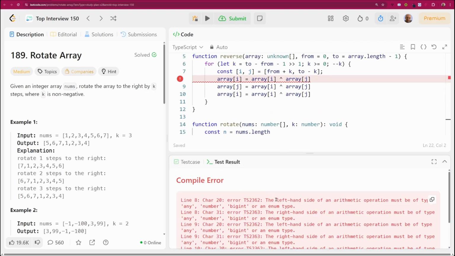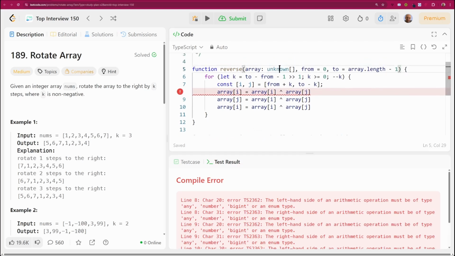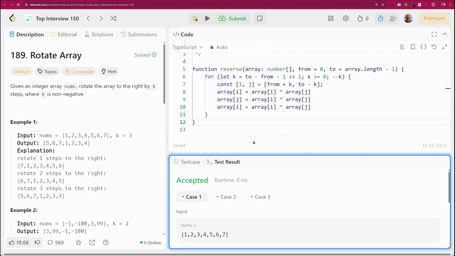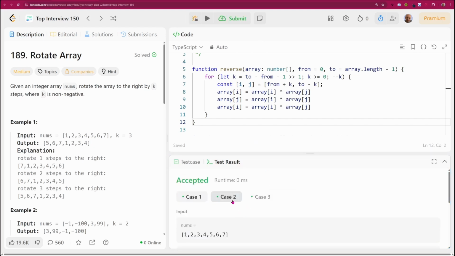What is it? Left-hand side must be, all right, so unknown, yes. We have to make this into a number, because the technique that I'm using is not going to swap any value. It has to be a numeric value and an integer value. Okay, so we passed these simplistic tests.